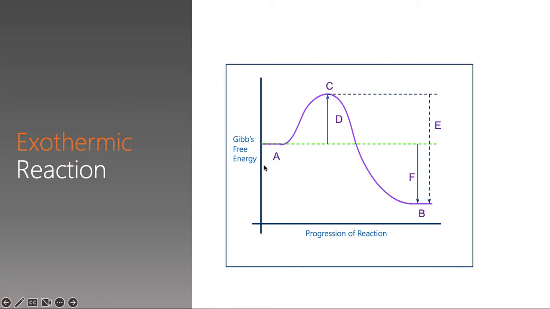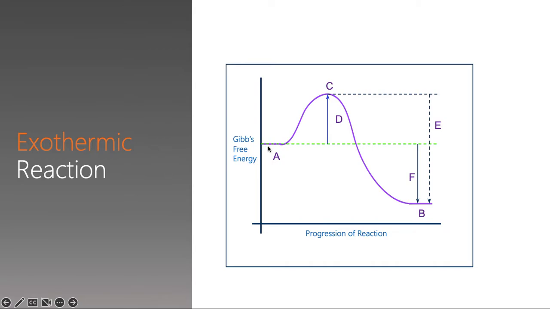Well, here's what a progression from reactant to products looks like in terms of energy. On the y-axis, we've got Gibbs free energy, and on the x-axis, we've got the progression of the reaction. Here's my reactant molecules, and they have a certain amount of energy, and then here's my product molecules. They have a certain amount of energy as well.